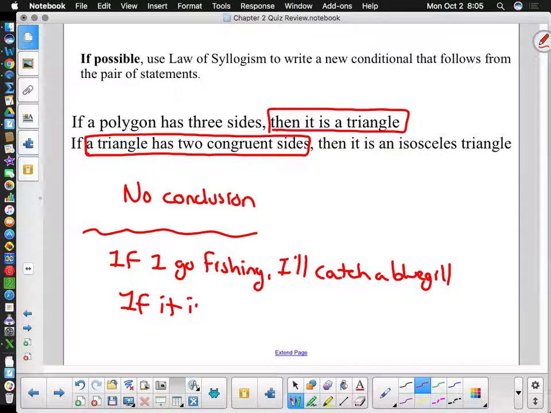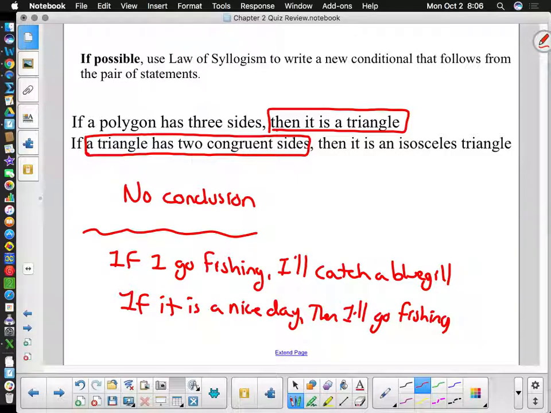If it is a nice day, then I'll go fishing. Is that a law of syllogism situation? Yes, it is, because we have to start here. If it is a nice day, then I'll go fishing. If I go fishing, then I'll catch a bluegill. So therefore, if it is a nice day, then I'll catch a bluegill.